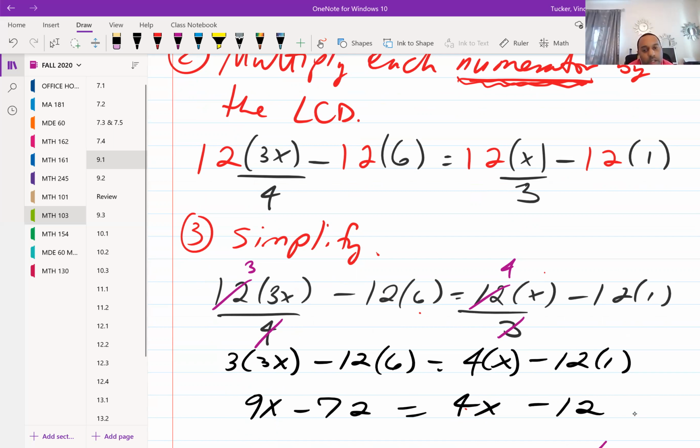Three times 3 is 9, 12 times 6 is 72, 4 times x is just 4x, and then 12 times 1 is 12. Make sure we're all right.